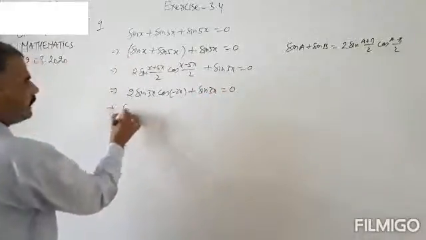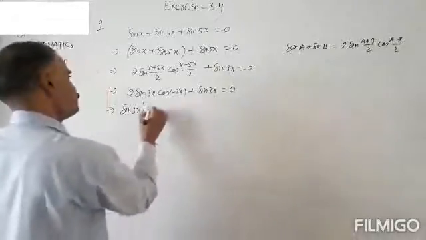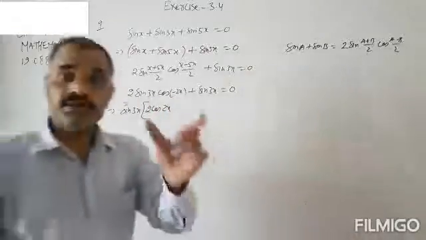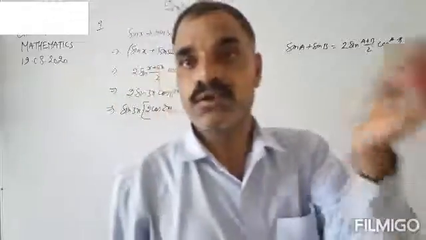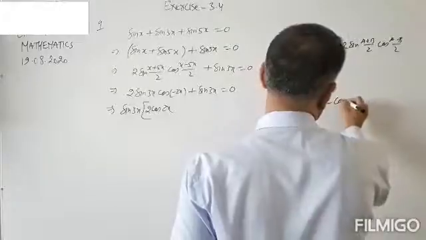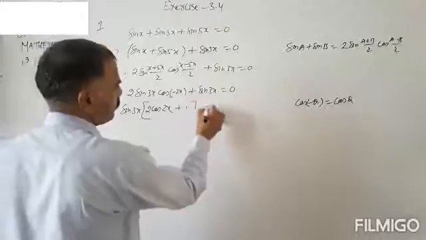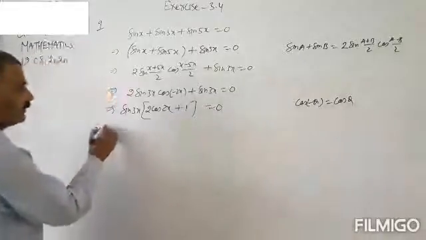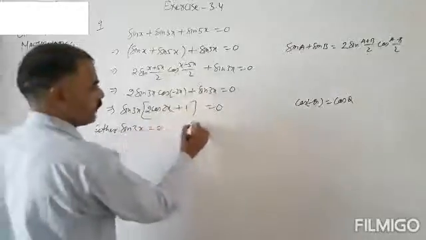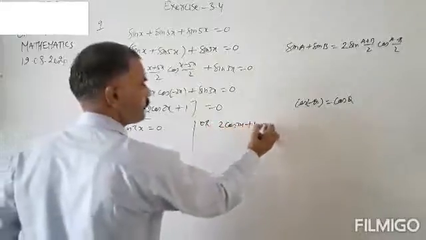So taking sin 3x outside the bracket as common, we will have 2 cos 2x, since cos minus theta is equal to plus cos theta. So it is 2 cos 2x plus 1 equals 0. So either sin 3x equals 0 or 2 cos 2x plus 1 equals 0.